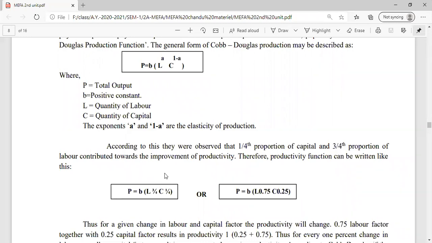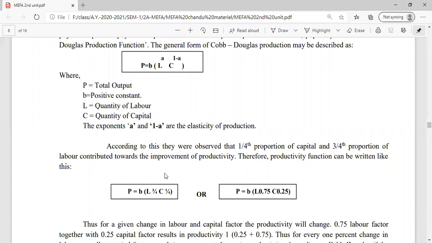That means for producing 100 units, if you require 100 rupees, do you get now? To improve your productivity, you have to improve your capital. That means instead of 100 rupees, now you have to use 125 rupees, right?